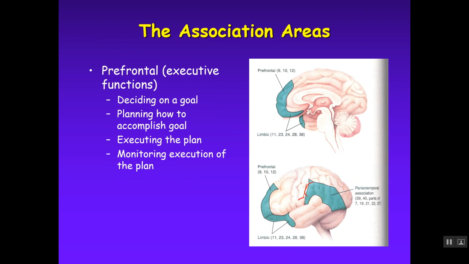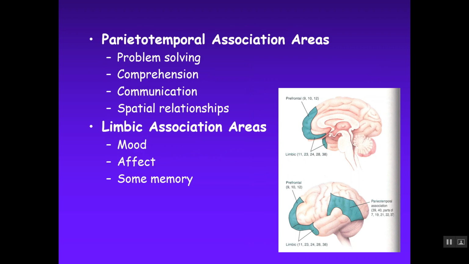So the prefrontal is the executive function. That's what it does. The parietal temporal association helps with problem solving, comprehensive communication, spatial relationships. Limbic association area, those are down here, more in this inferior frontal lobe area. They tend to do a little bit more with mood, affect, and some memory.